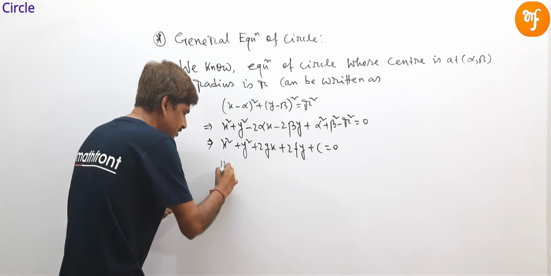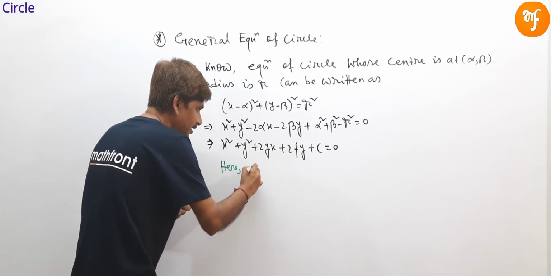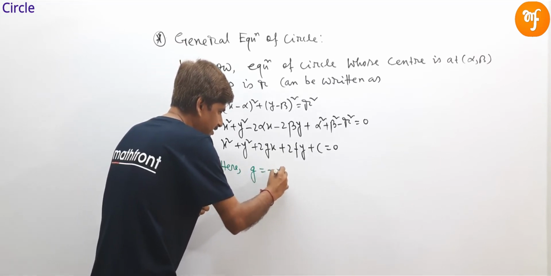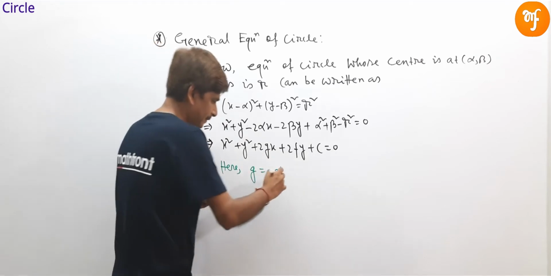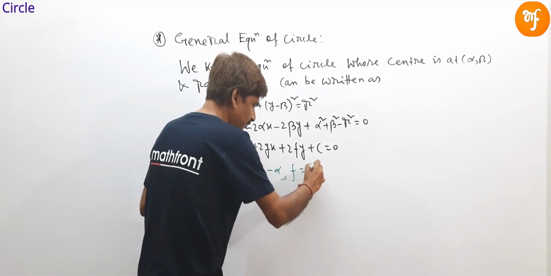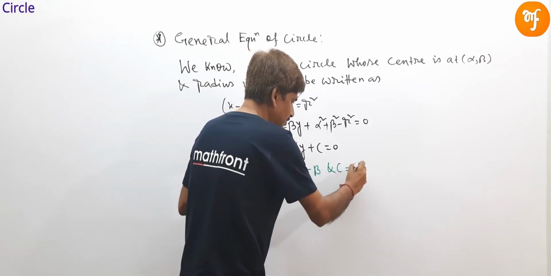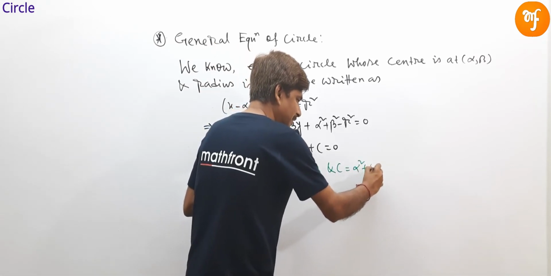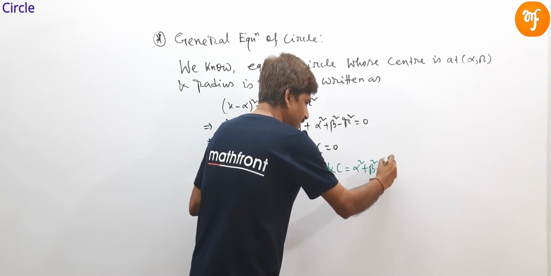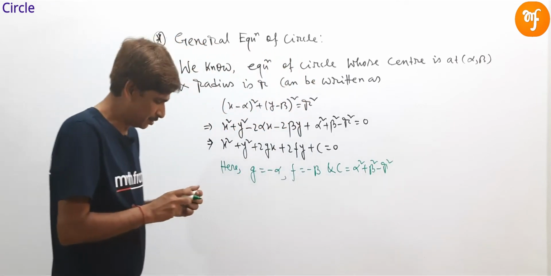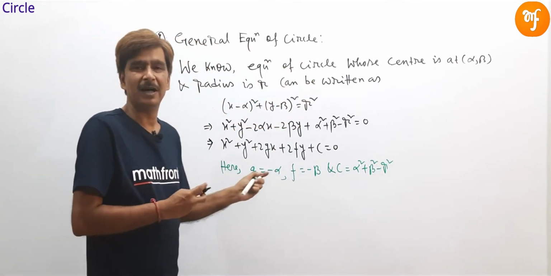So, what are g, f and c? Here, g is basically equal to minus alpha, f is equal to minus beta and c is equal to alpha square plus beta square minus r square. Is it? So, what are the values of alpha and beta?